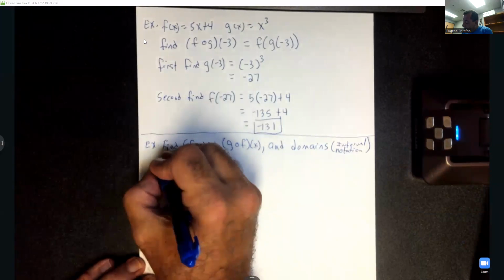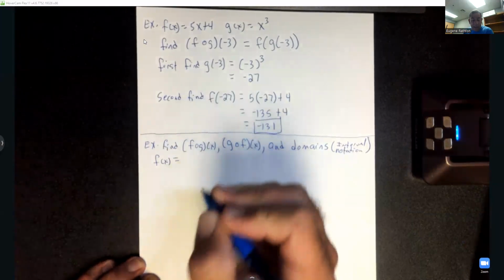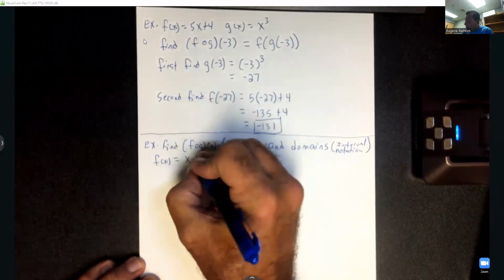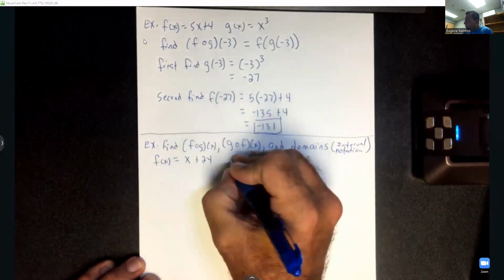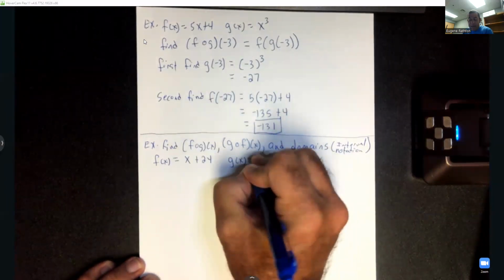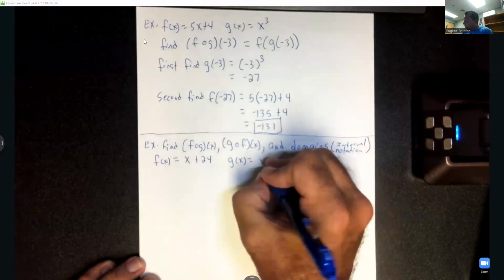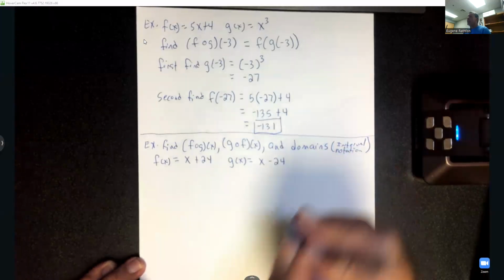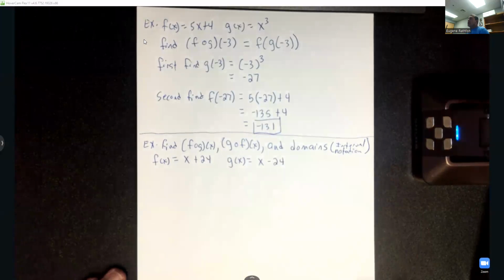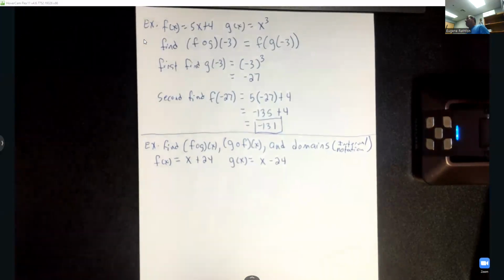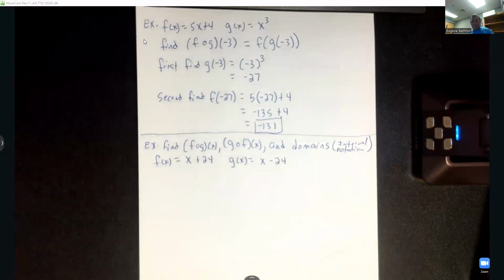All righty, so I need an F. F of X is going to equal X plus 24. G of X is going to equal X minus 24. So they wanted to sort of start you out mellow on this, okay? And then they'll sort of turn it up as we go.